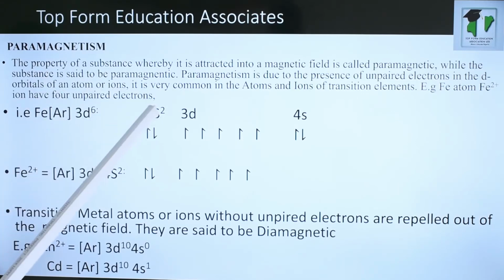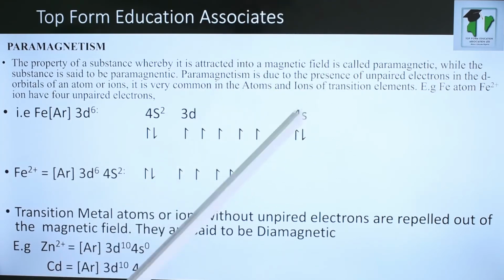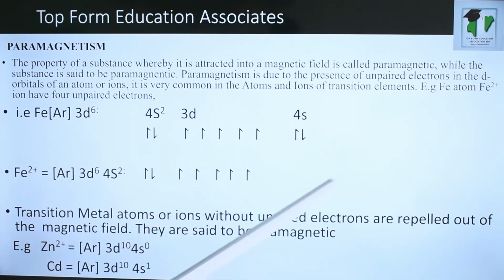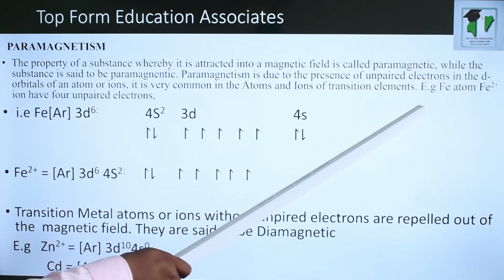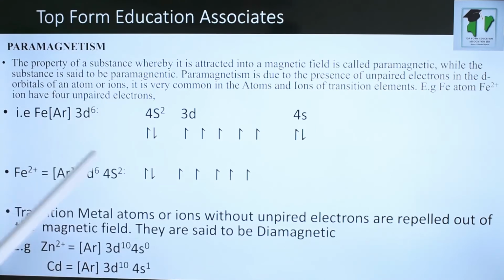It is very common in atoms and ions of transition metals. An example is iron: iron 2+ has 4 unpaired electrons.